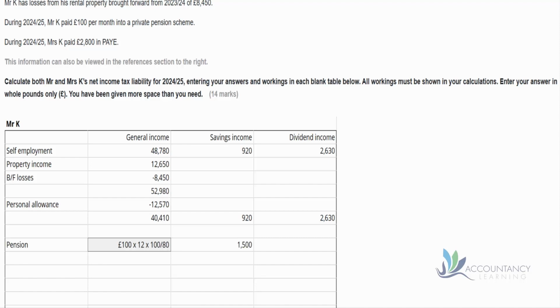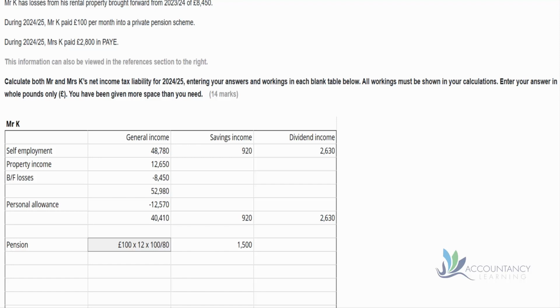So what we need to do then is look at the £100 that's being paid into the scheme, and we're doing that on a monthly basis, so multiply by 12. And remember, this is money being paid into the scheme from Mr. K's net pay, where tax has been deducted already. So what we need to do then is multiply by 100 over 80 to gross this up, so we can work out how much of this would it be if the tax hadn't been deducted already.